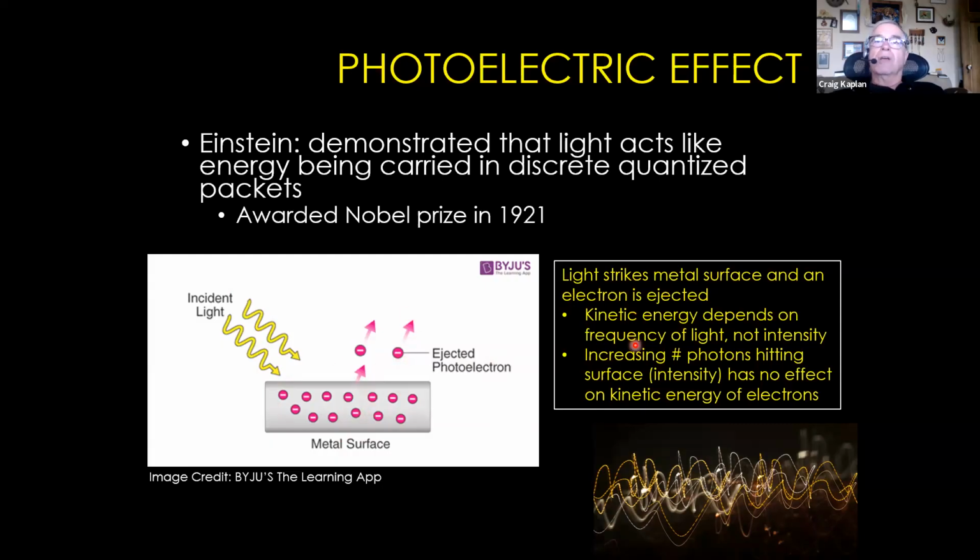And Einstein showed that the kinetic energy of this electron depends only on the frequency of light, not on the intensity, and that increasing the number of photons hitting the surface by increasing the intensity has no effect whatsoever on the kinetic energy of the electrons.